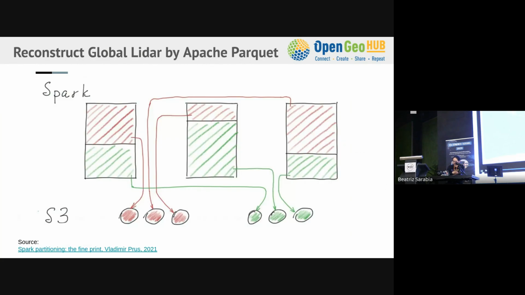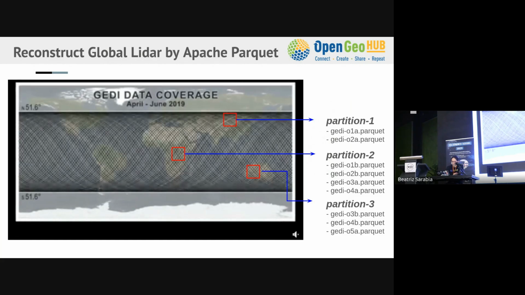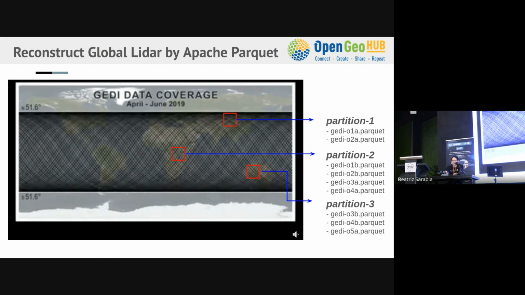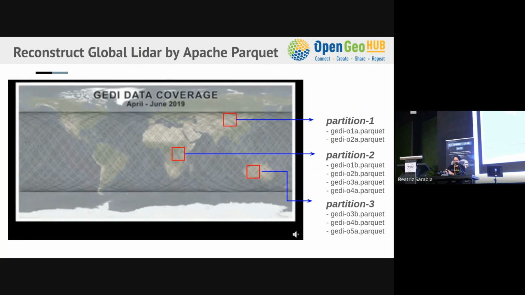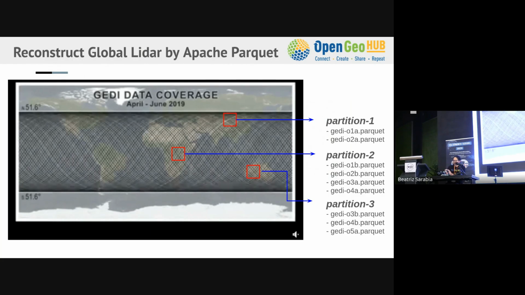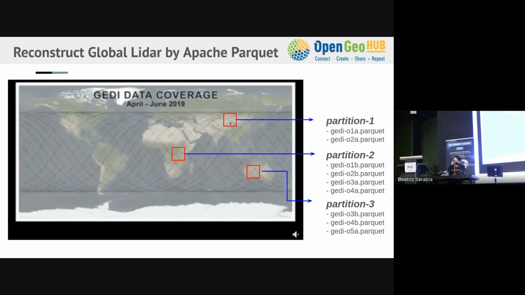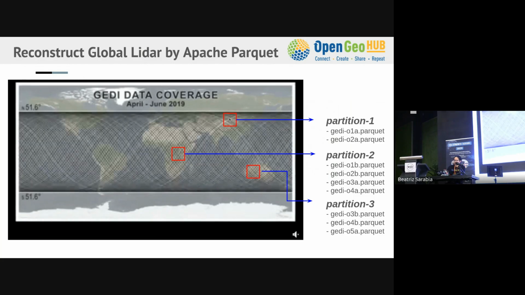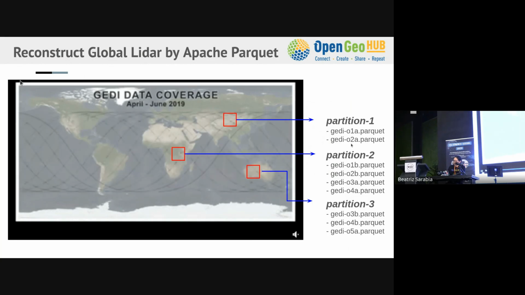The first thing we have to do is define the spatial temporal tile for the Parquet instance. When we read the data, we write it into spatial temporal blocks. For example, this orbit is running like this, and everything passing through this will be written into this chunk. So you have GEDI orbit 1 and GEDI orbit 2.